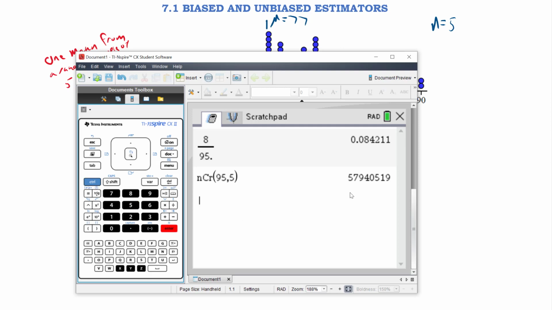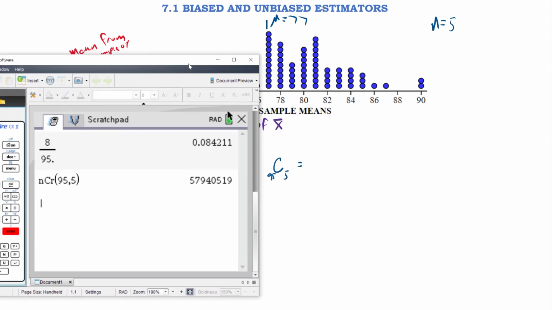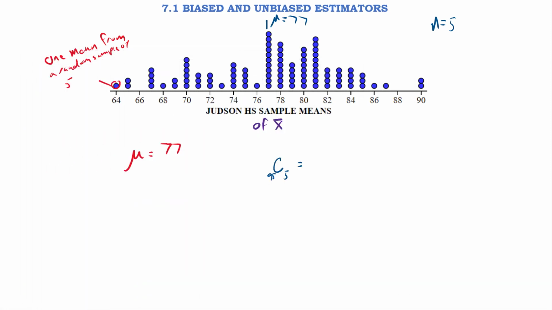And therefore we would have, looks like, 57,940,519.